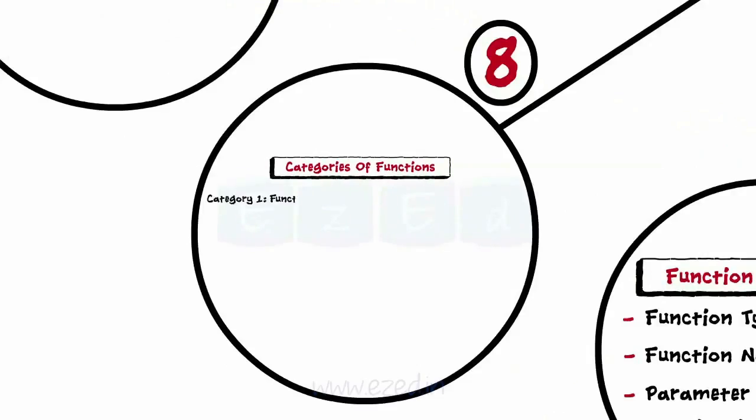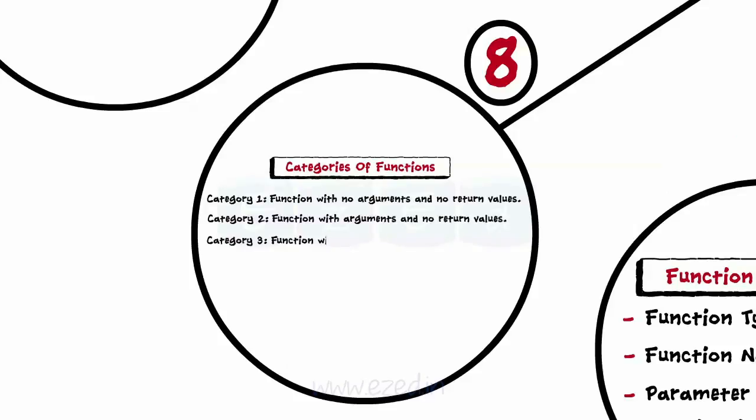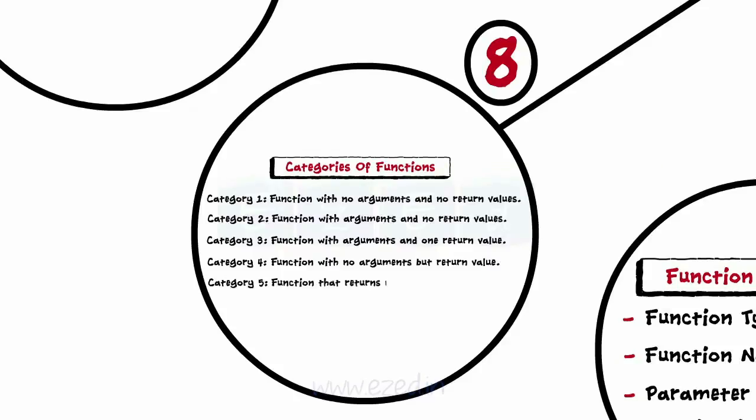Category 1, functions with no arguments and no return values. Category 2, functions with arguments and no return values. Category 3, functions with arguments and 1 return value. Category 4, functions with no arguments but a return value. Category 5, functions that return multiple values.